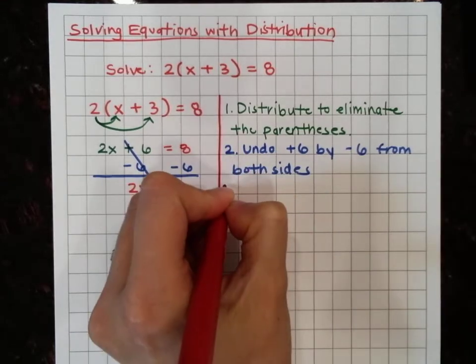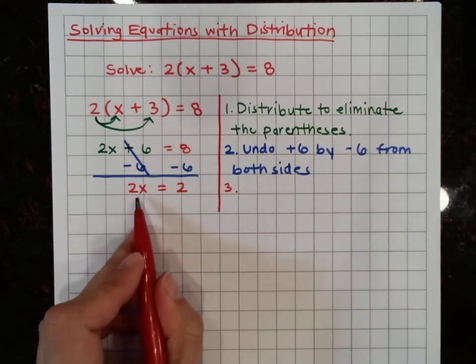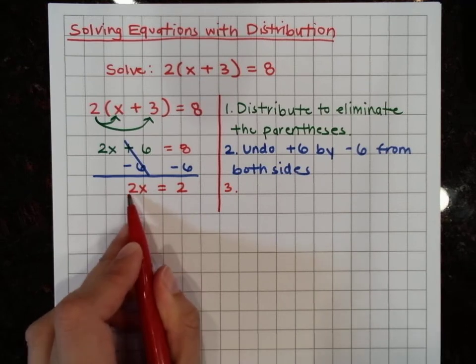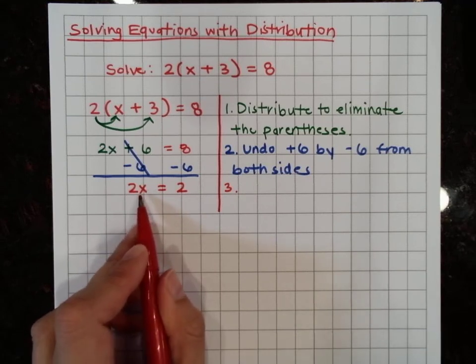So then step 3 is we need to undo this 2 times x. How do we undo multiplication? Well, the inverse of multiplication is division.